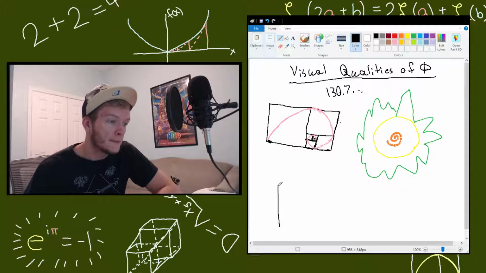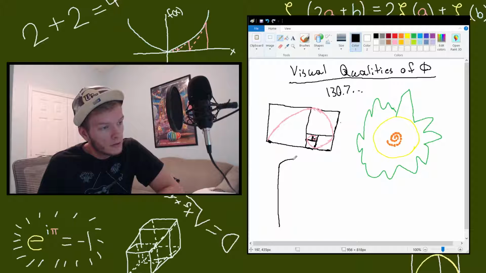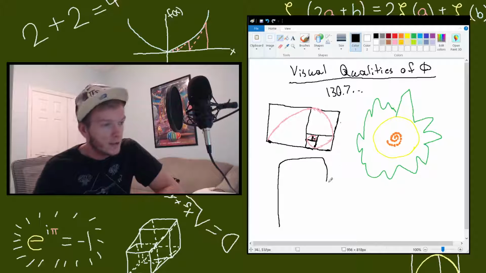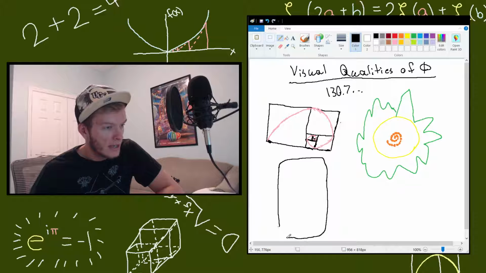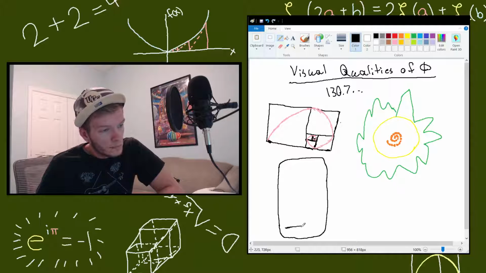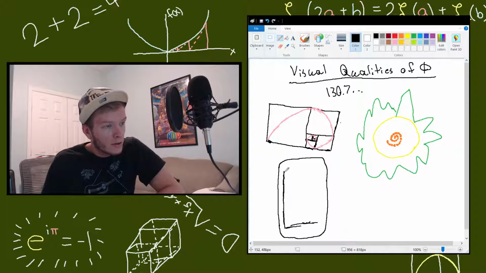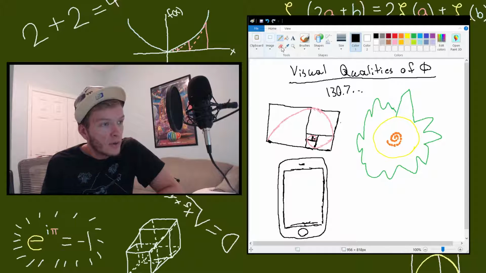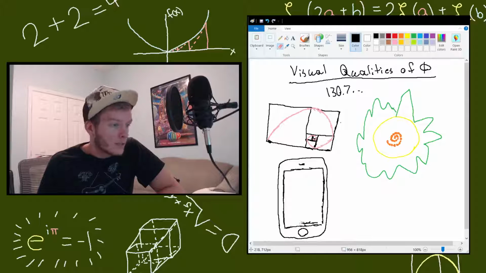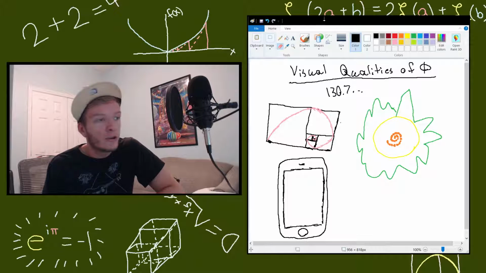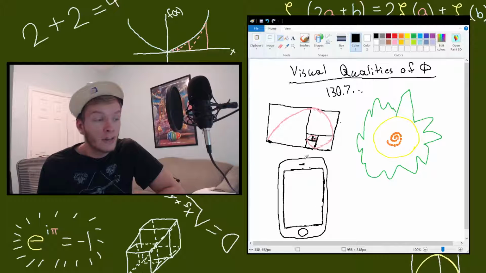So if we see a little curved rectangle like this, you might get something that's associated with that. And then we'll draw like this, and like so, and like so. This is probably something that is relatively familiar to most people. It's pretty close to an iPhone screen, but this applies to pretty much every smartphone out there on the market.